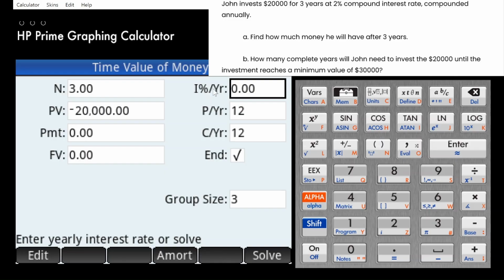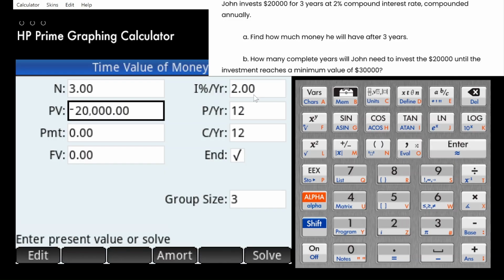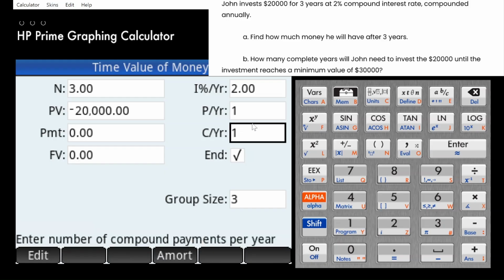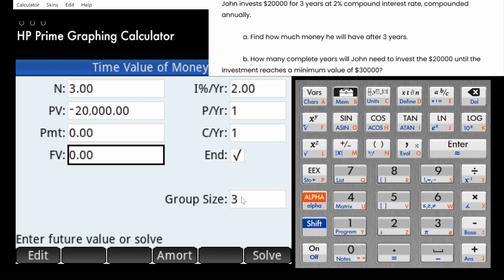The interest rate per year is 2%, so it's 2. P/year is 1, and then C/year, the compounding per year, is 1 because it is compounded annually. All done here. Now select FV and press solve.